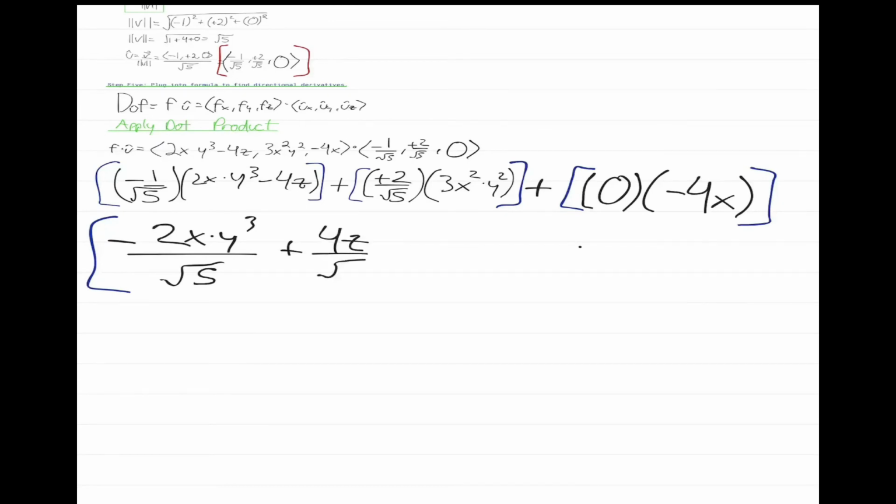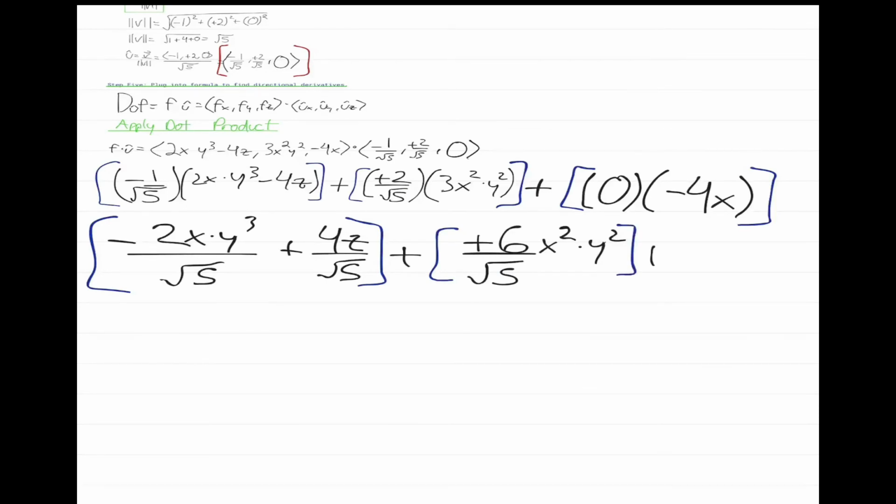Furthermore, we simplify this. We distribute the negative 1 over the square root of 5 to both terms, and we get those values. And then we distribute the plus 2 divided by the square root of 5 to both terms.